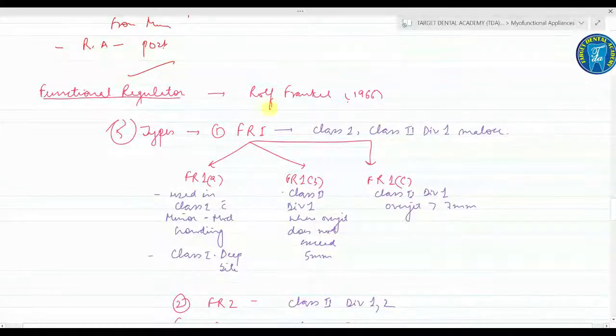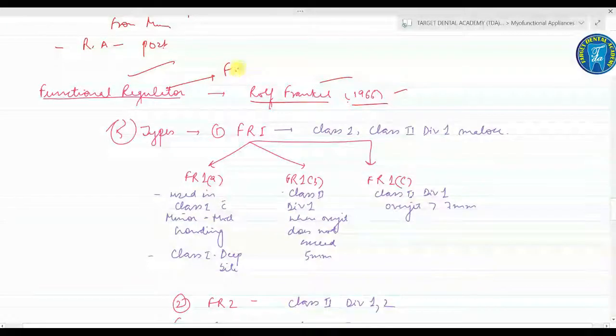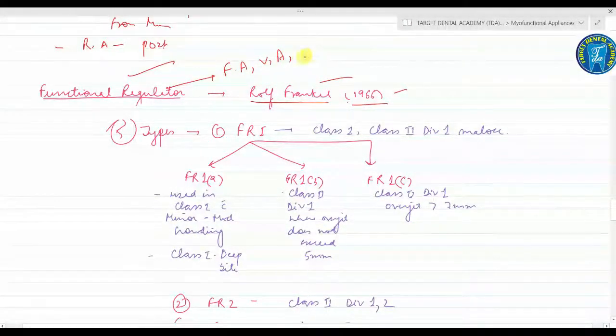So next is the function regulator. It was given by Rolf Frankel in the year 1966. Very important point, the function regulator is also called the Frankel appliance. It is also called the vestibular appliance and oral gymnastic appliance. Fine.